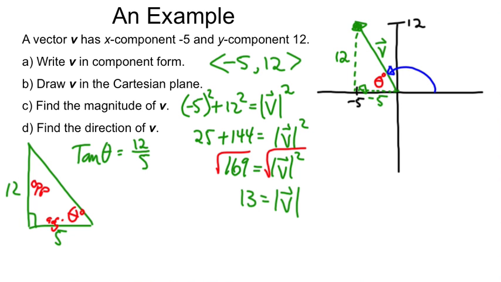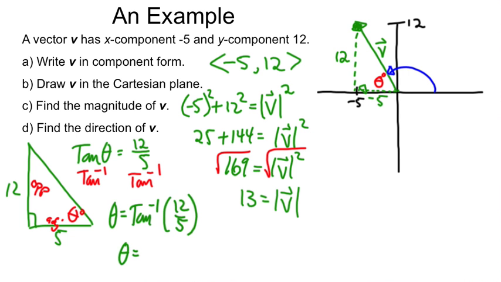Again, we're going to have to use the tangent inverse on both sides. And what we'll end up with is that theta is the tangent inverse of 12 over 5, or that theta happens to be 67.4 degrees. Okay, well that means that this angle here is 67.4 degrees.